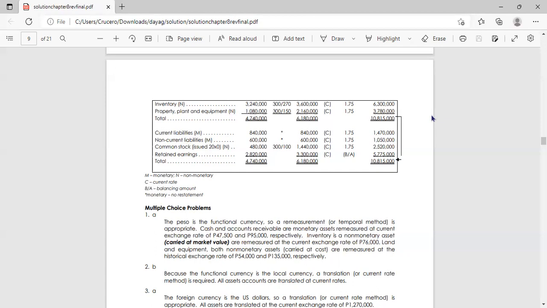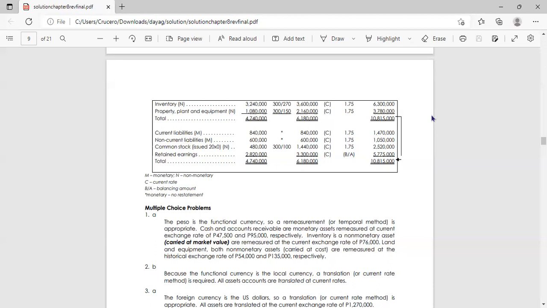Considering the total assets should tally with the total of the liabilities and shareholders' equity, we set 10,815 as the total of the equities, and then we deduct the three items. The balancing figure is 5,775,000. So that will be the credit to retained earnings.